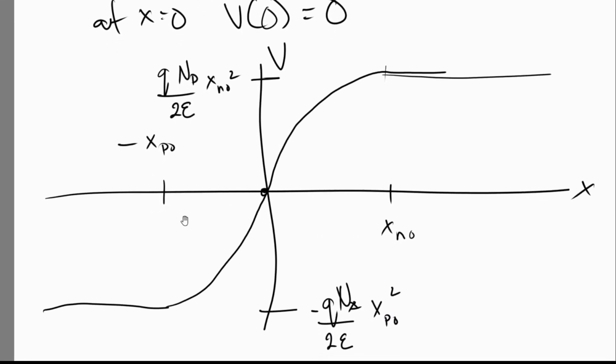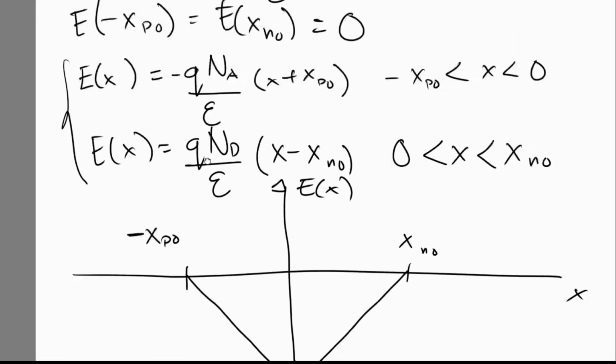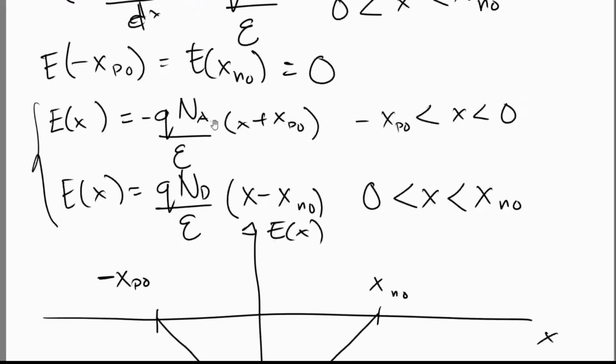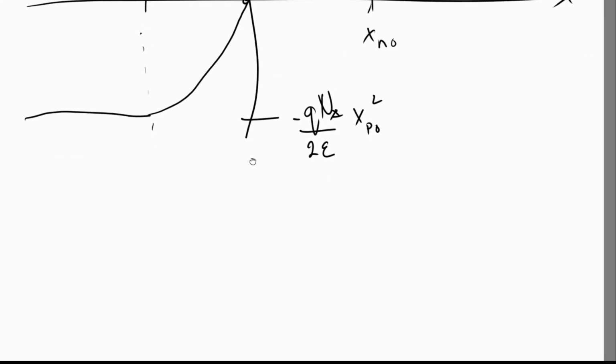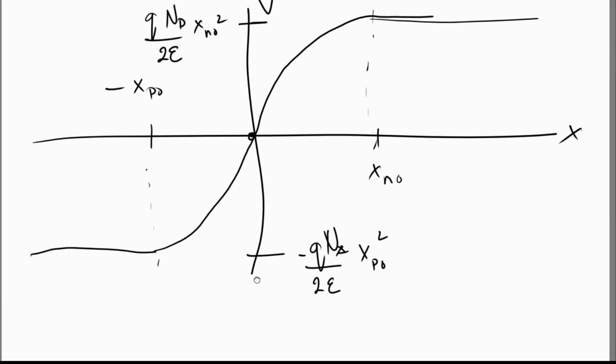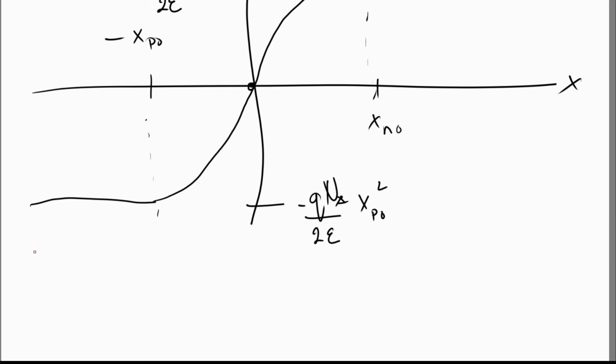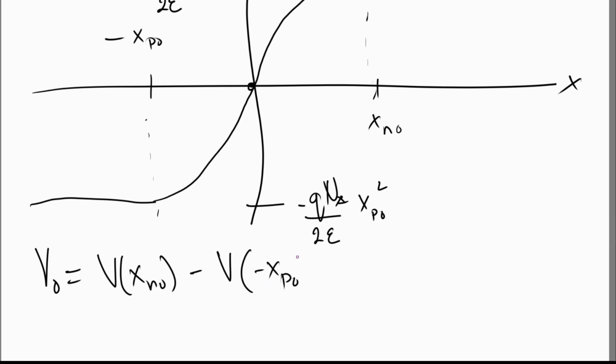The total potential difference across this junction is just the subtraction, the potential here minus the potential here. Or V naught, the built-in potential, will then be equal to V of x n naught minus V of negative x p naught.